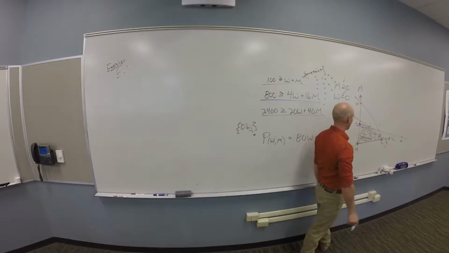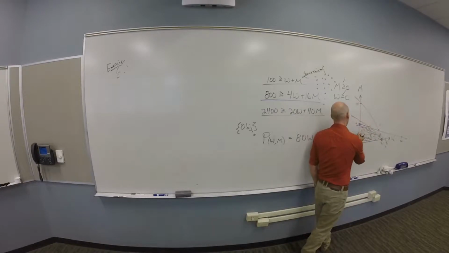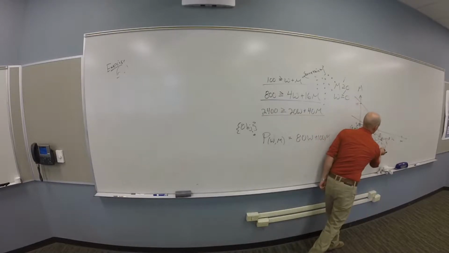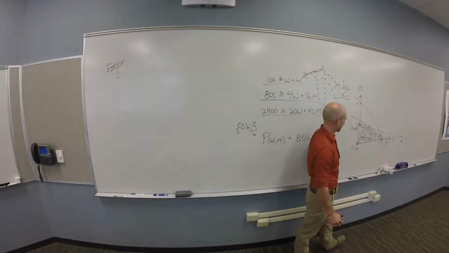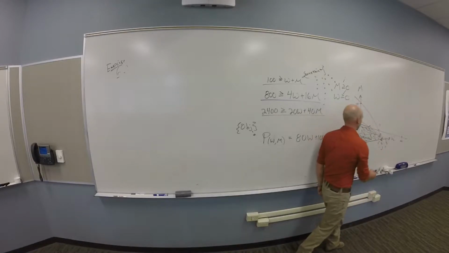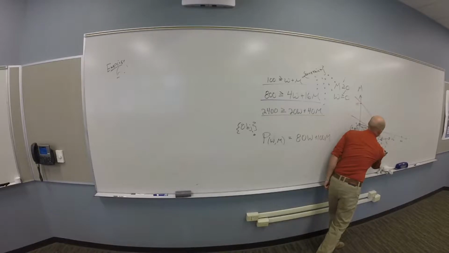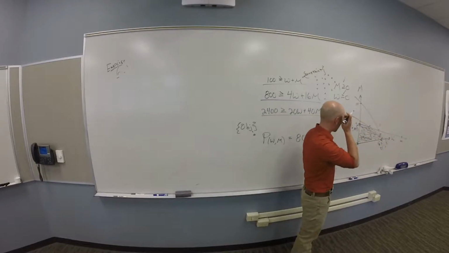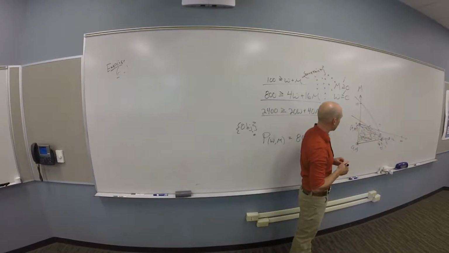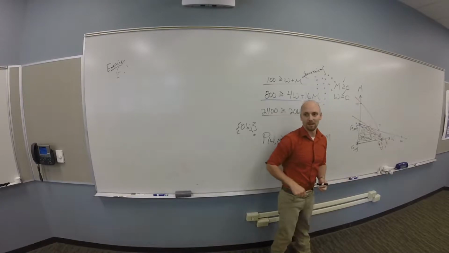What's the blue thing? Where's that hit here? That's 0 over 50 up. This one on the pink is 100 over 0 up.